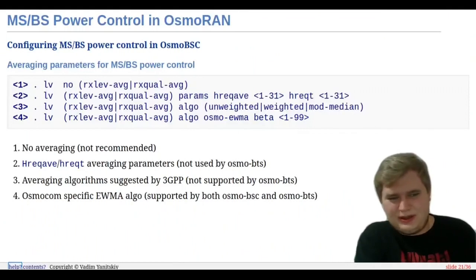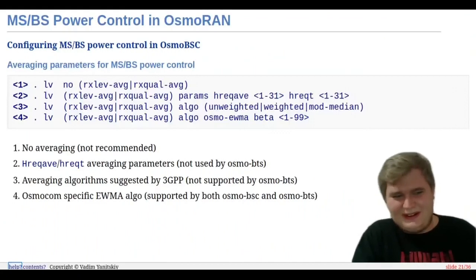And so far, we implement only an Osmocom-specific sliding average that's called EWMA, exponentially weighted, I don't remember, something averaging, moving average, as far as I remember. That was a long time ago.